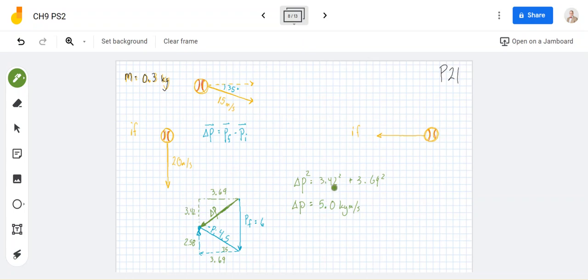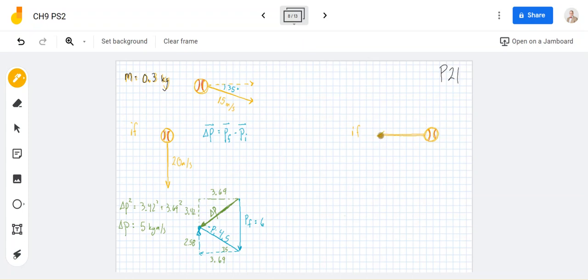Oh, I should have done that over here. Sorry, I'm going to need to draw over here. So what happens if it gets shot right back out horizontally this time?